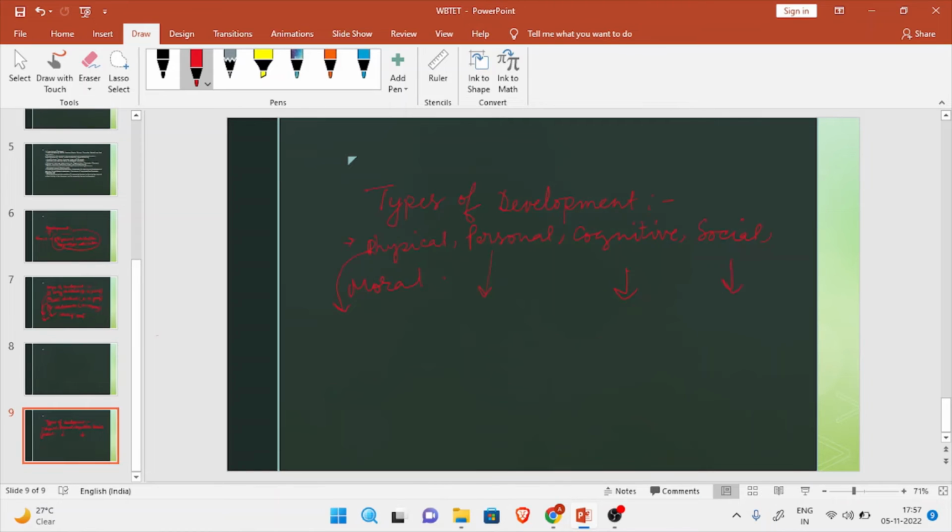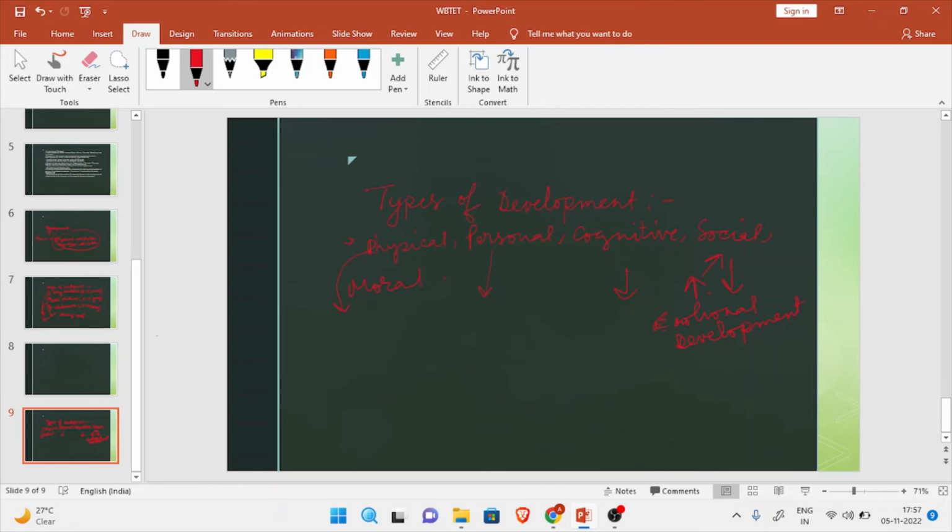Now, social development. Social development is very much related to family, school, and community. And one more thing, emotional development is a vital part of social development, because emotional development can also be understood as social development, as it develops with reference to social life.